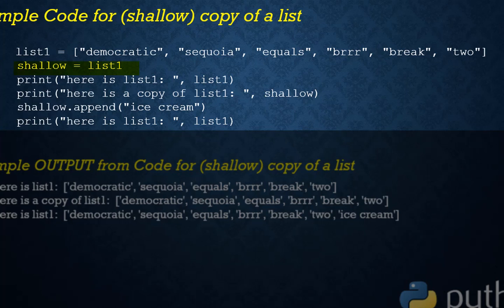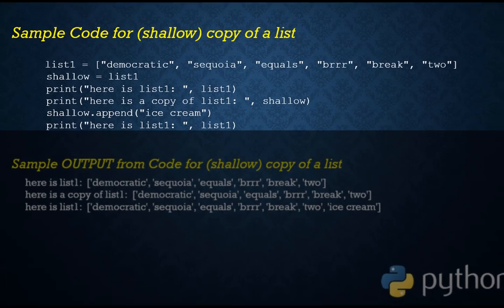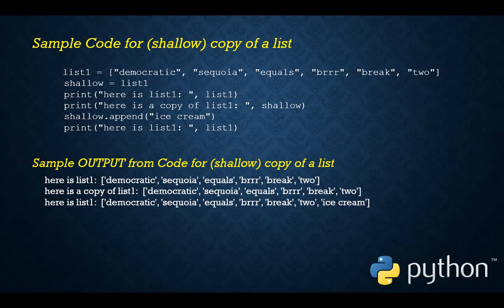We create another list named shallow by copying list 1. Then we print list 1 and the copy of list 1 named shallow. Then we append the word ice cream to shallow and print list 1.